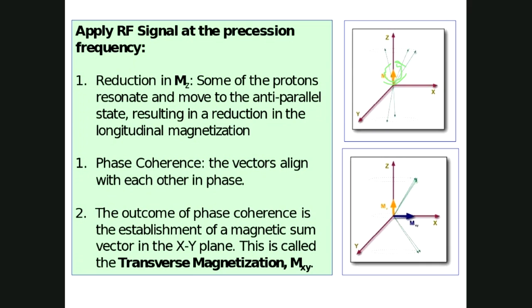Let me change to blue, because you can see it better. When I apply the RF, after applying the radio frequency, the MZ will flip over, and I have a vector transformation.